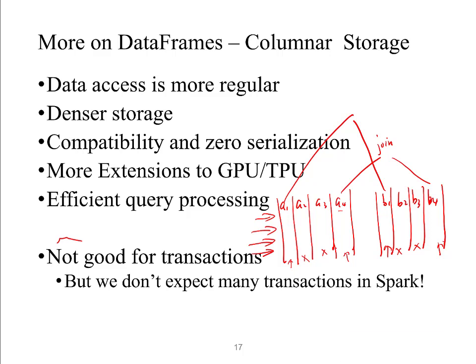Well, it does not mean that columnar storage has no flaw or disadvantage. The major problem is that it is not good for transactions. By transactions, I mean, for example, we add one more tuple or record into the table. Then we need to operate on each and every column, which involves all the data nodes that contain part of the table, right?